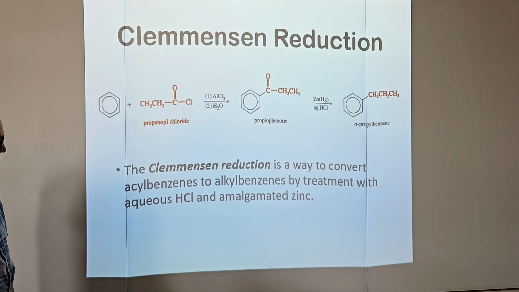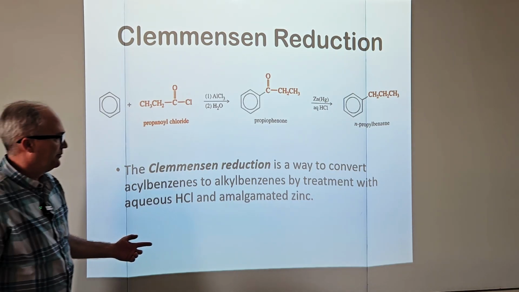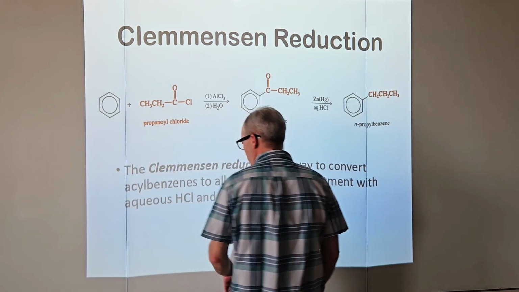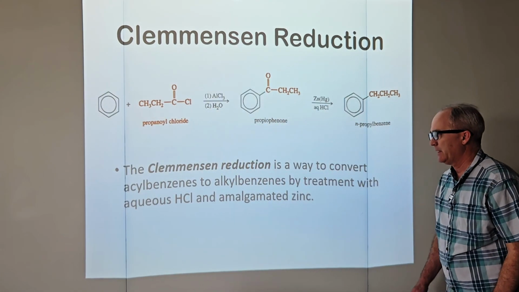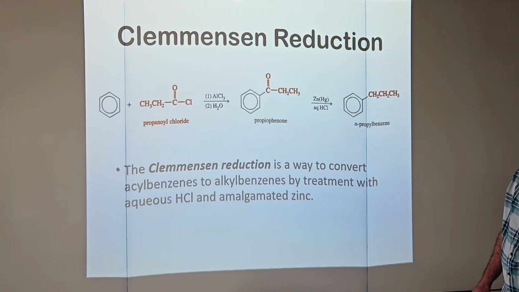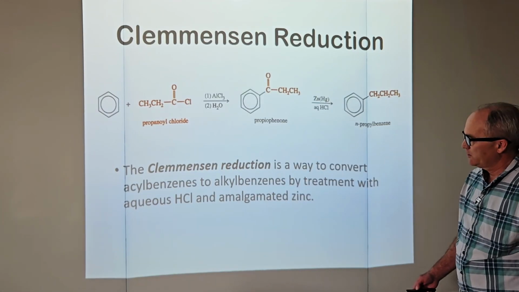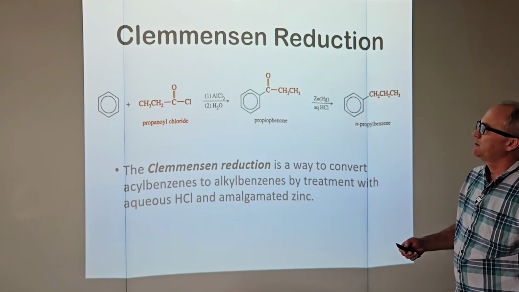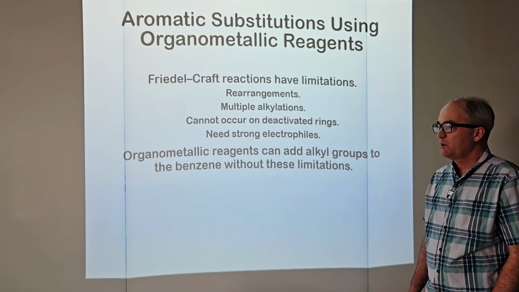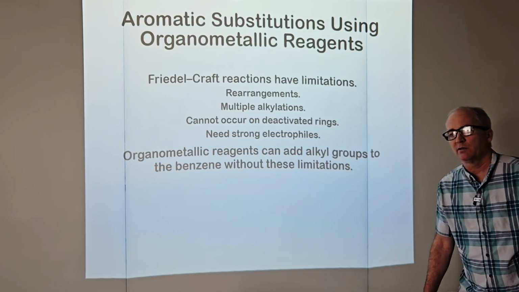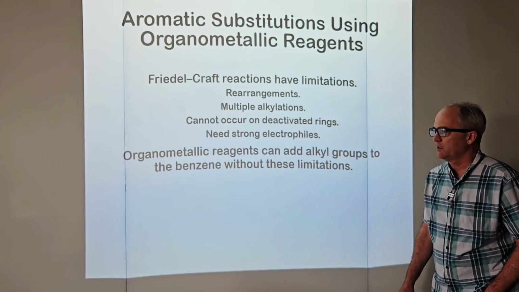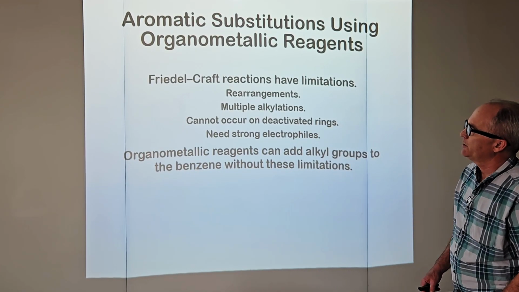The Clemmensen reduction is a way to convert acyl benzenes to alkyl benzenes by treatment with aqueous HCl and amalgamated zinc. Something similar is called the Wolff-Kishner reduction, and we'll study that in a couple weeks. So you've been exposed to the Grignard reagent, the cuprate reagents a little bit.